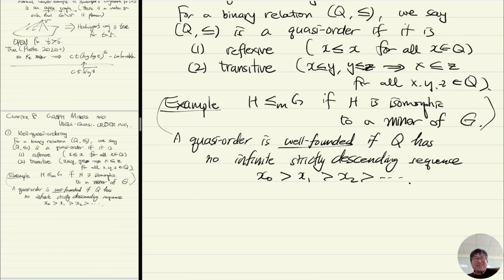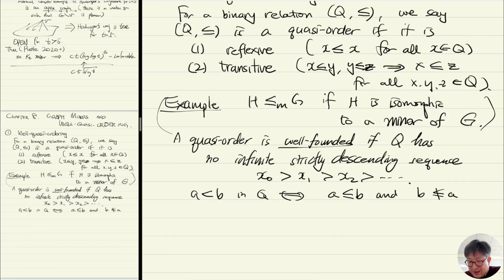So what is this notation? When I say A is less than B in Q, that means A is less than or equal to B and B is not less than or equal to A. Okay, so that's strict inequality.